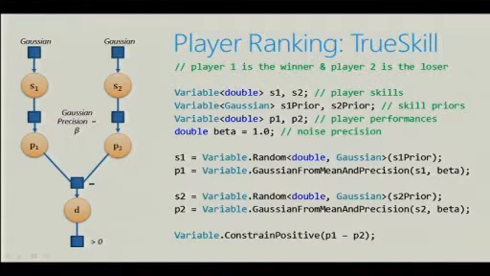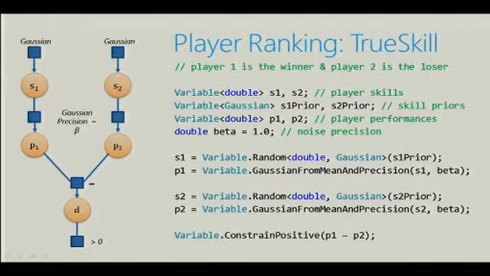And then there's P1 and P2, which is the performance of the 2 players. The mean of the performance is taken from the skill, and the uncertainty in that performance is taken from this noise value beta and fed in there. And then the performance of the 2 players is subtracted, and you get a difference D, and we compare that to 0.